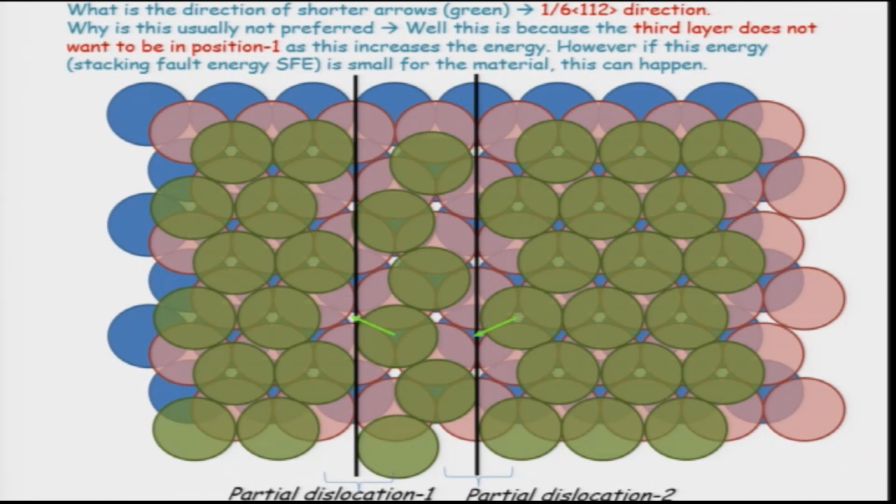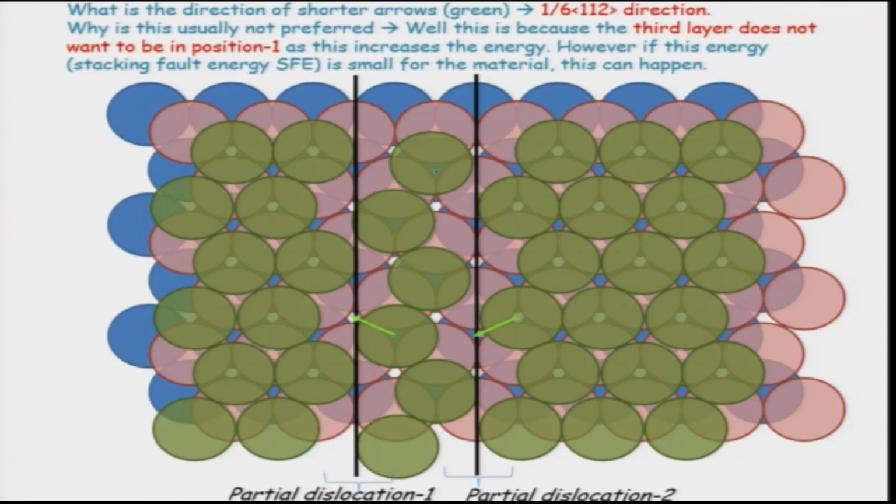Why would you not prefer it, or why would there be any kind of resistance? This is because when you move from this place to this place, the atoms have moved away from position 1 to position 2. So, the C layer, this extra half plane that we are talking about, is not lying on the C position, which was position 1, but is now lying on position 2, right on top of blue.